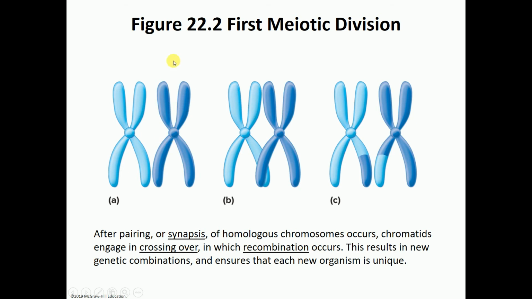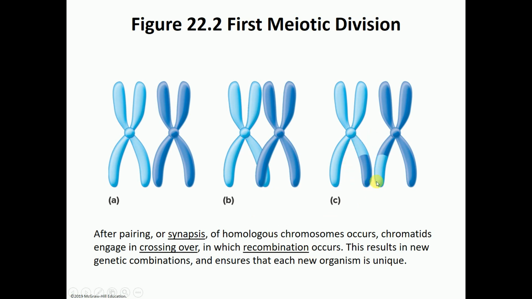So you'll see here the first step is synapsis, where again the homologous chromosomes are paired. And then there's crossover, where now part of the chromosomes are actually crossing over each other. And then there's a process of recombination.